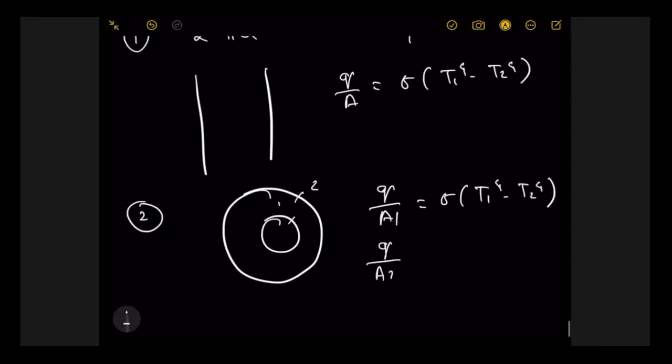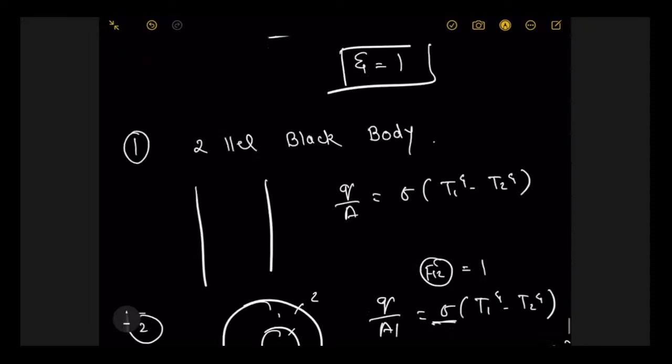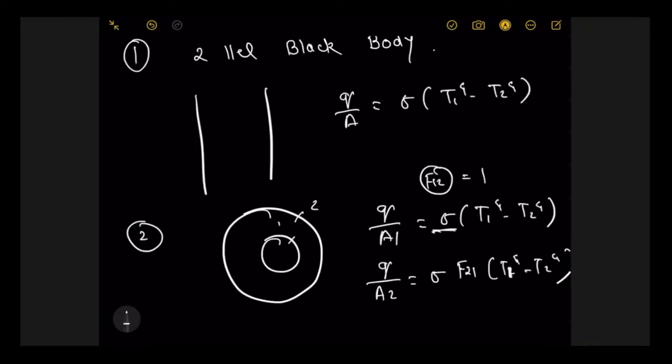And Q by A2 equals sigma F21 into T1 to the power 4 minus T2 to the power 4. Okay, so depending upon in which area we want to calculate, A1 or A2. If you are calculating for A2, then you have to calculate F21. Okay, because here F12 is there and the value of F12 is 1. So this is about black body. Write this.